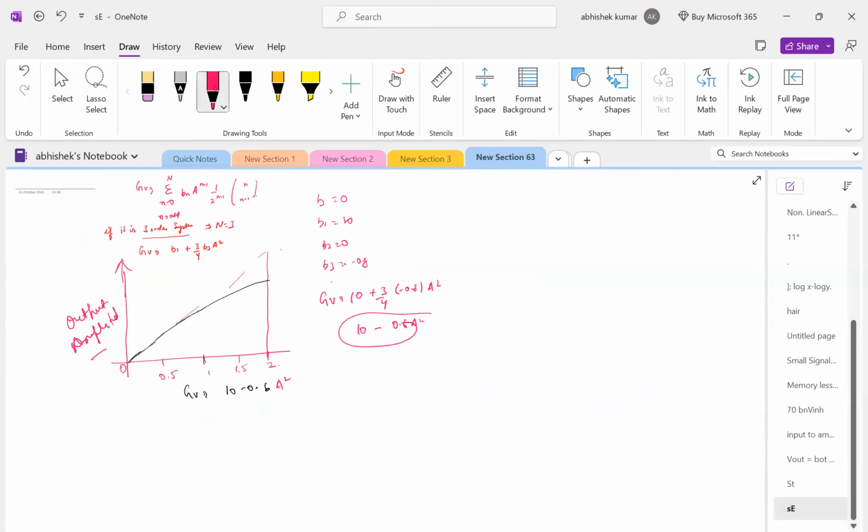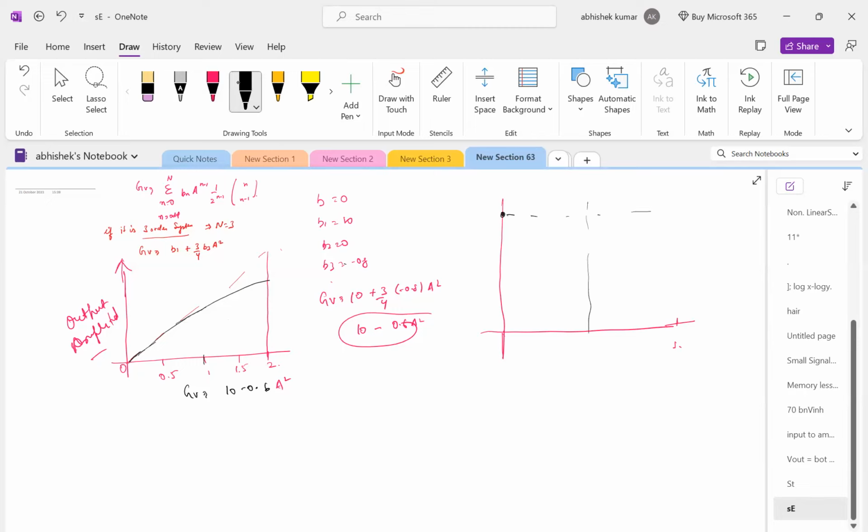But when we pass it through our system, our gain got compressed. You can see that at amplitude 0 it gives you 10.